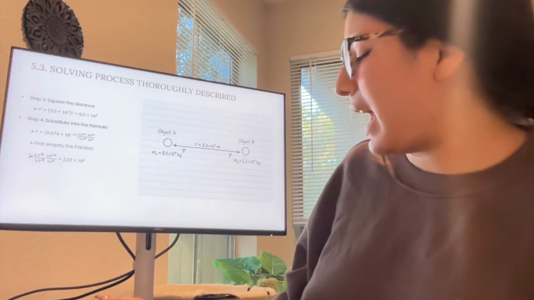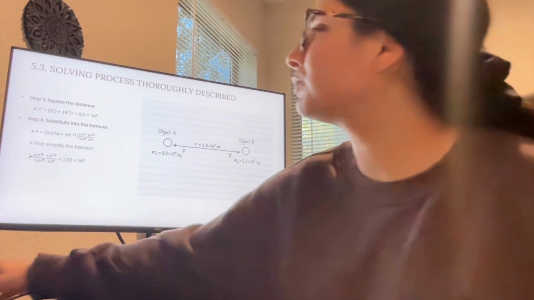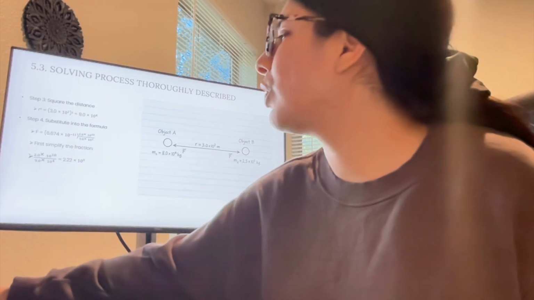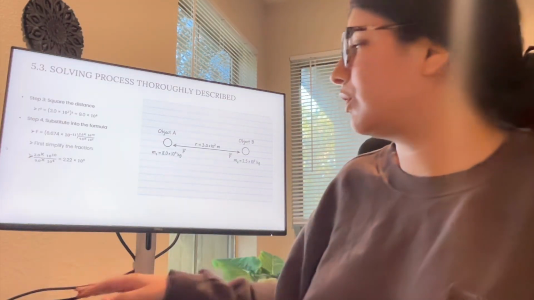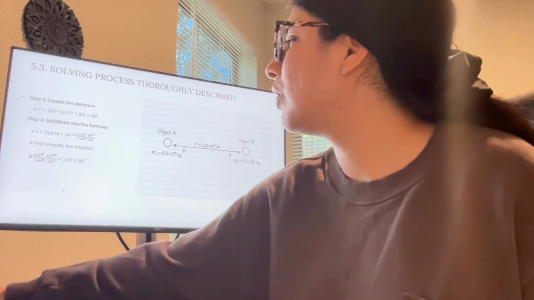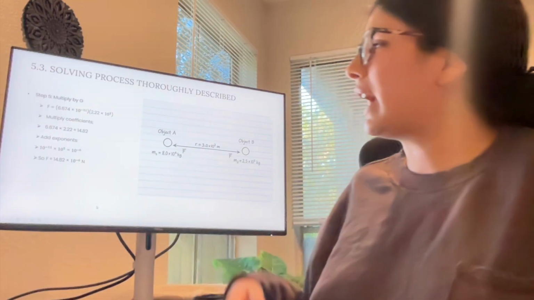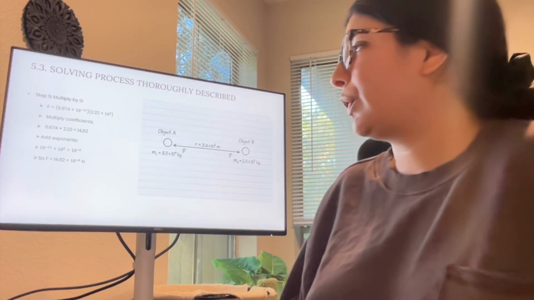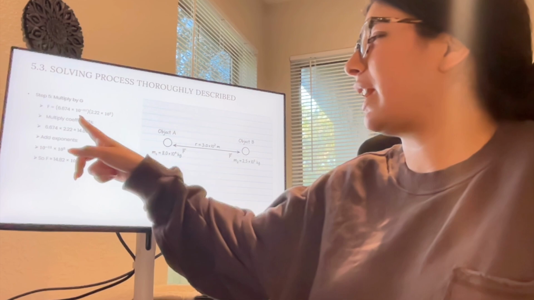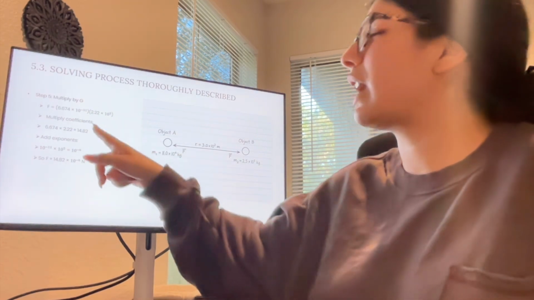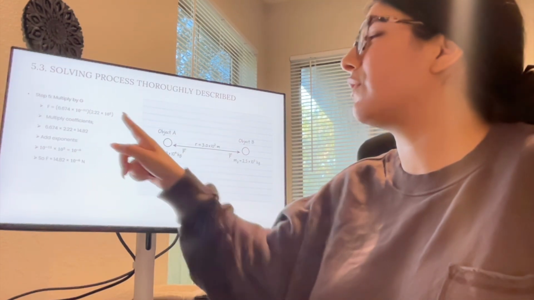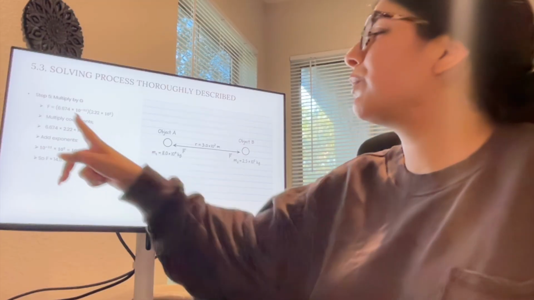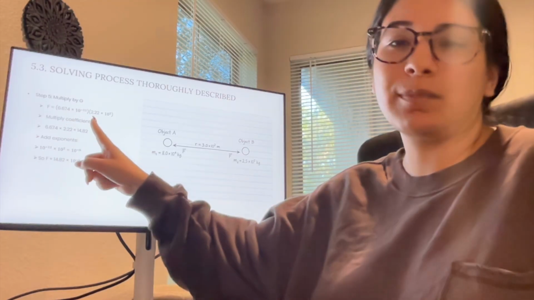So now we're going to go to step 5, and we're going to multiply by G. So 6.674 times 10 to the negative 11th power times 2.22 times 10 to the 5th power. So let's start with multiplying the coefficients here.